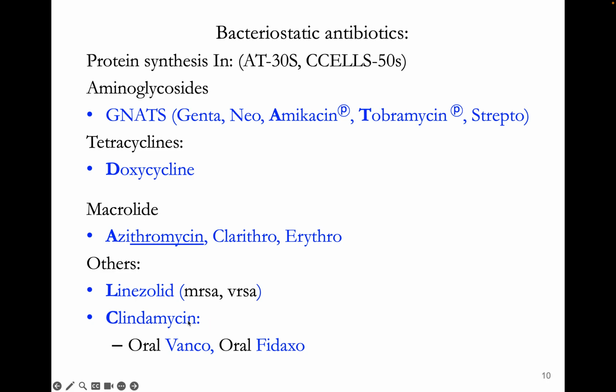Patients can get C. diff diarrhea again in their life. To prevent that, the first choice for clindamycin-induced C. diff diarrhea or pseudomembranous colitis is oral fidaxomicin. Okay, oral fidaxomicin. If you don't have oral fidaxomicin, give oral vancomycin.